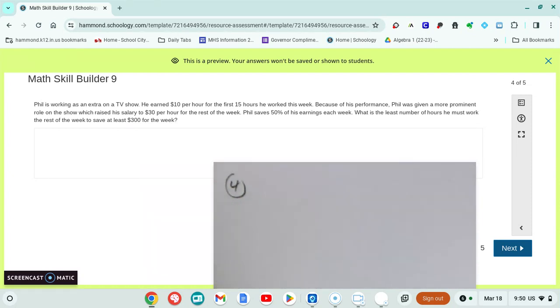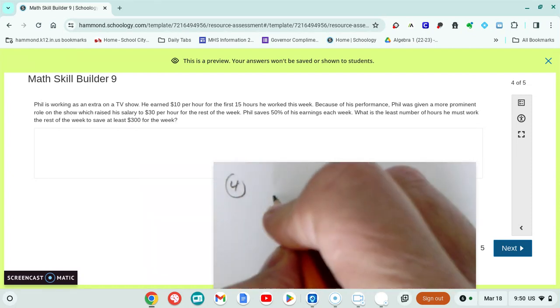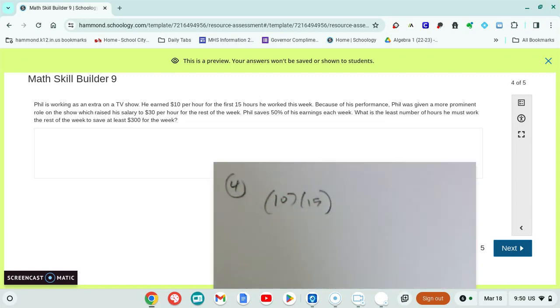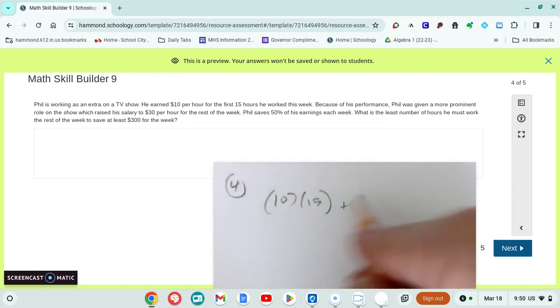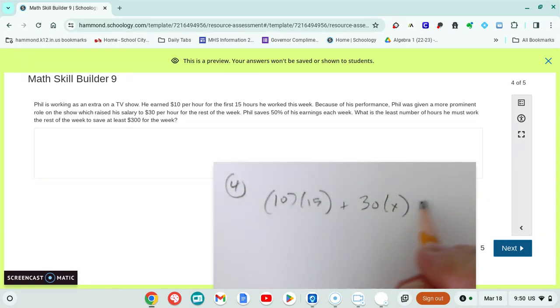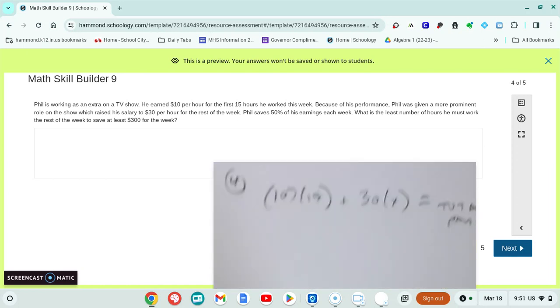So he's already worked 15 hours at $10 an hour. Now he's going to make $30 an hour for some unknown number of hours. And that's going to equal his total pay. Okay, great.